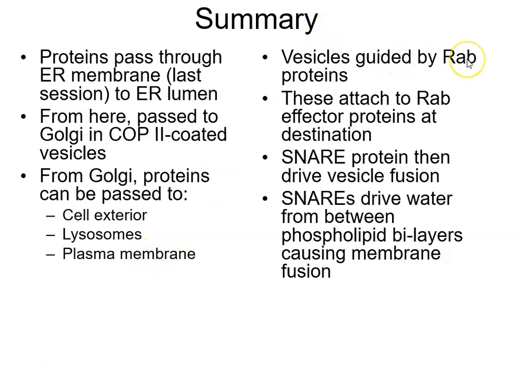The vesicles are guided by Rab proteins, so the vesicle has a Rab protein on it that's specific for a destination. These attach to Rab effector proteins at that set destination. Then the SNARE proteins drive vesicle fusion, and then once the vesicles are fused, the contents of the transport vesicle fuse with the target vesicle, and then we get depositing of that protein in that destination.